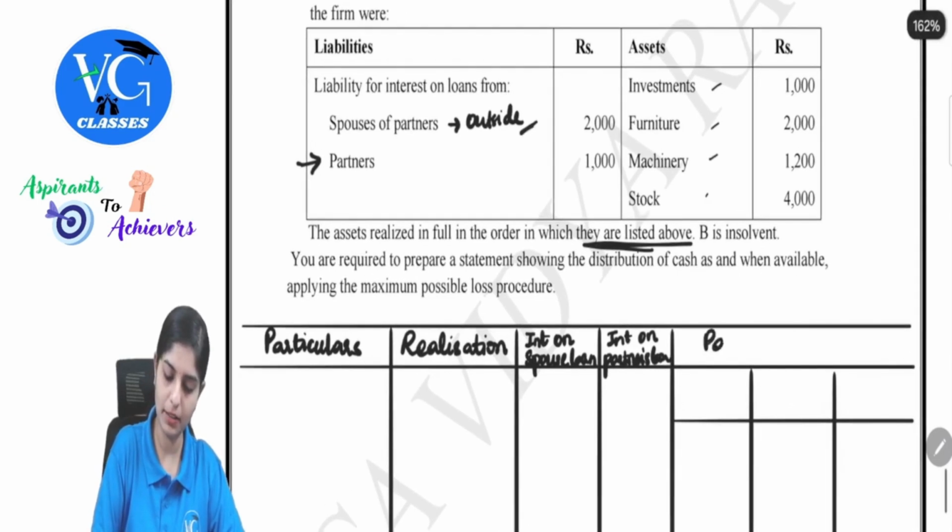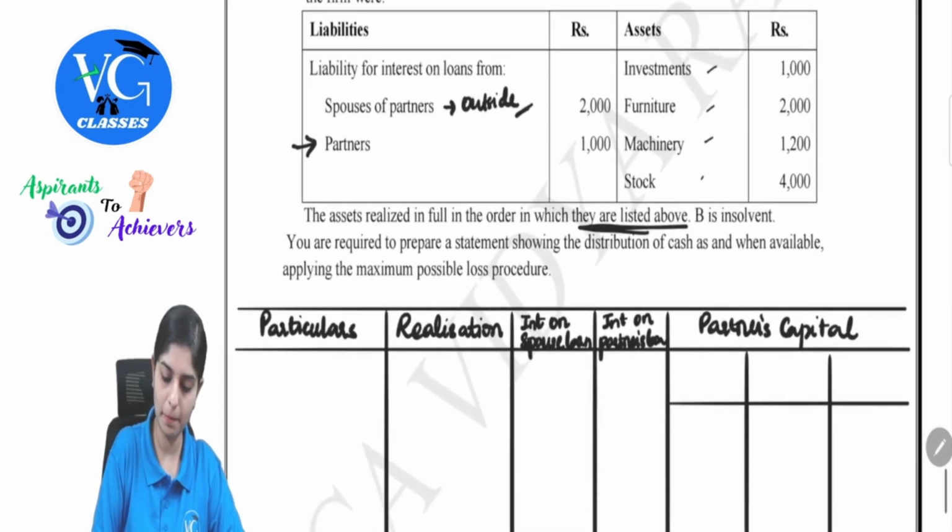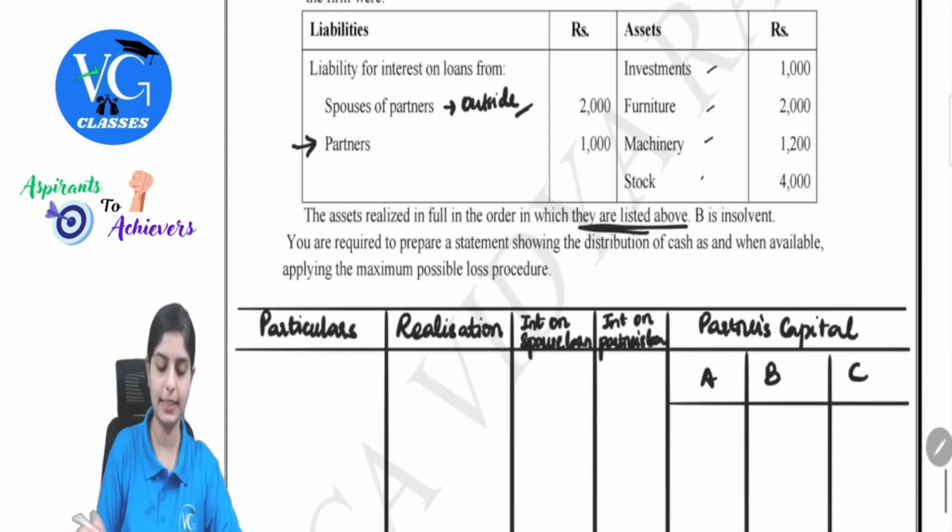Then we have partners' capital balances: A, B, and then C.